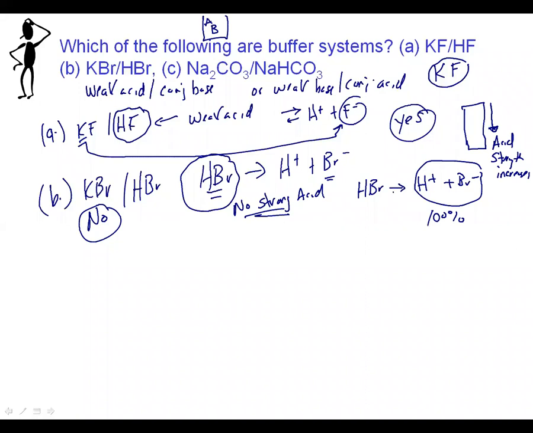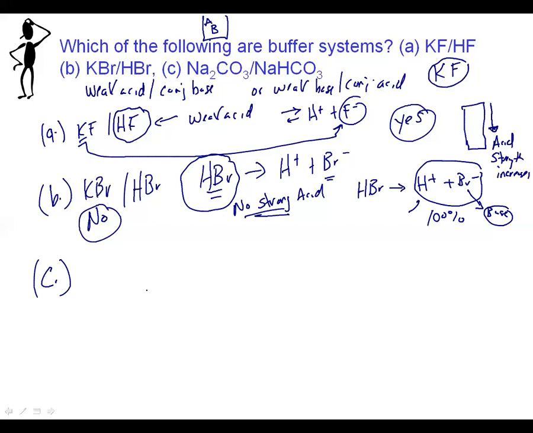This would only provide you the base part, which will not make up a buffer, which means if you add an acid to this, it will just continue to add basically more H plus to that solution because there won't be much of a reaction that occurs. So again, a buffer cannot be made up of a strong acid or a strong base. They do have to be weak acids and weak bases.